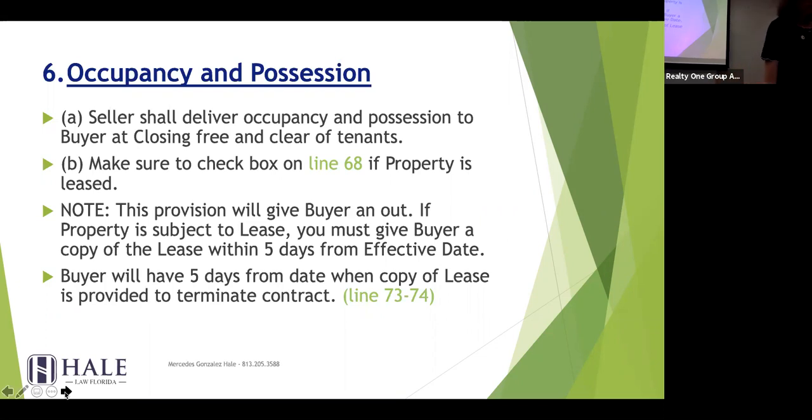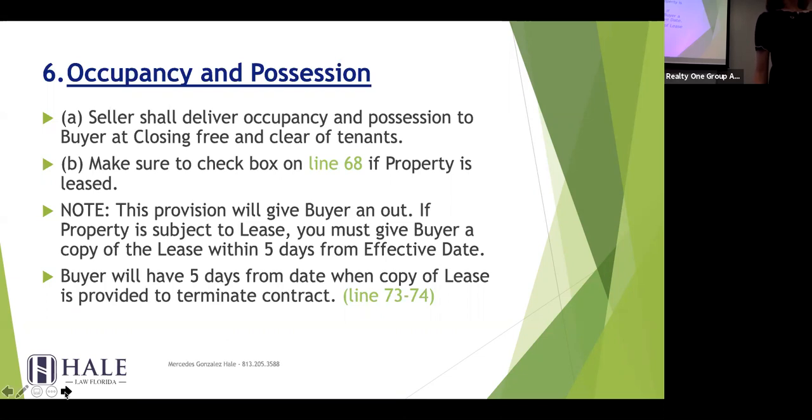Okay. Line 68 does actually have it blank. So if there are tenants, make sure that you've checked that box, okay? A is telling you what the seller's requirements are. B is the one where you notify the seller that there are tenants in the property, okay?